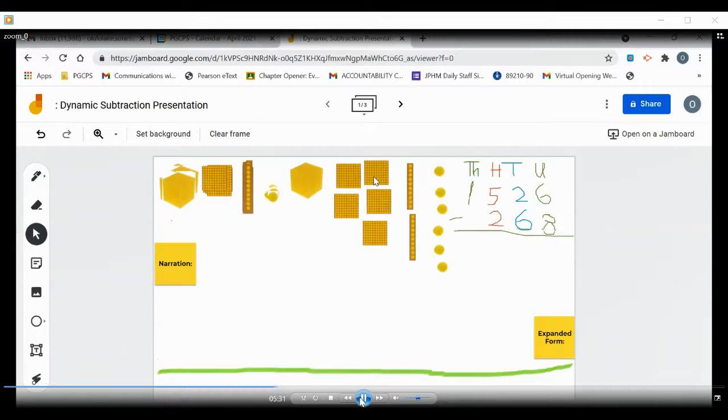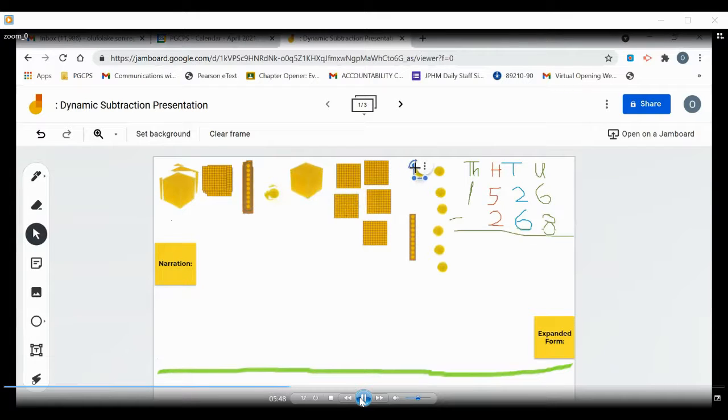So I'm going to go over here. I'm coming over here to take 1 ten back to the bank, and I'm going to remember to bring back exactly 10 units.